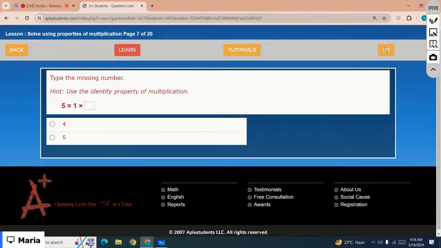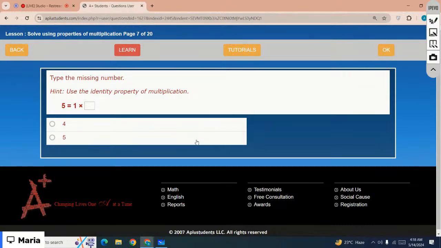Type the missing number, so which number is missing? That is 5.